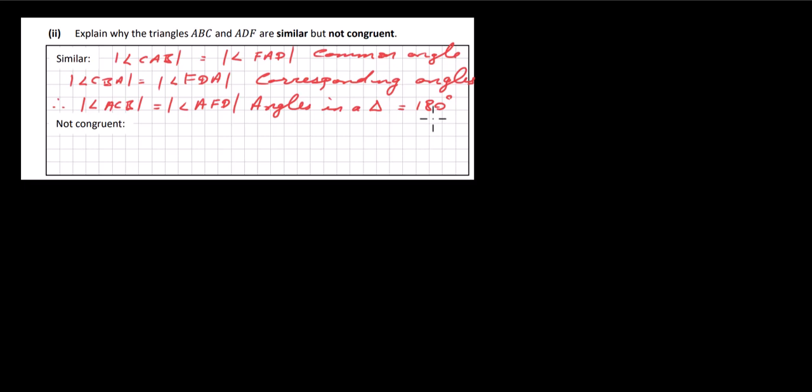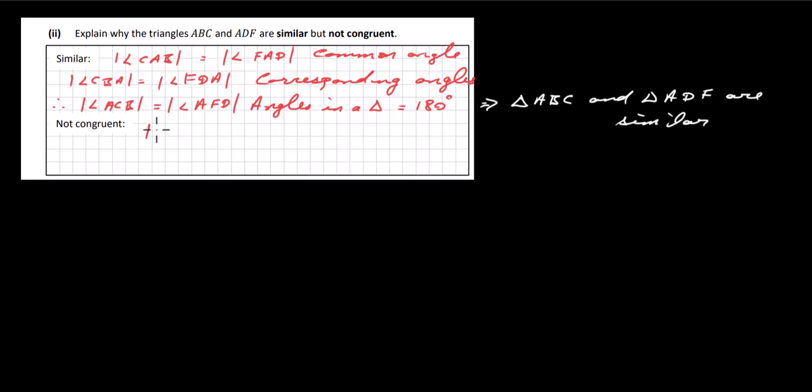So they are similar. I would just say something like, that means the triangle ABC and triangle ADF are similar. So let's see why they're not congruent then. Well, we can just say that the corresponding side lengths are not the same size.